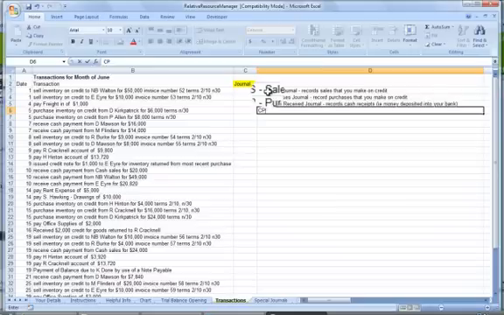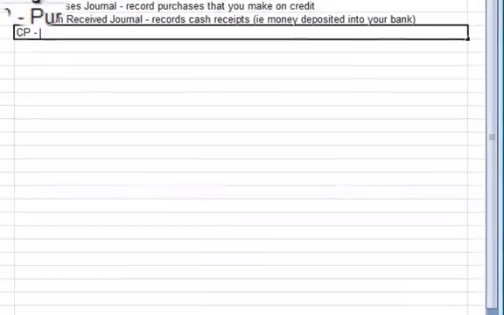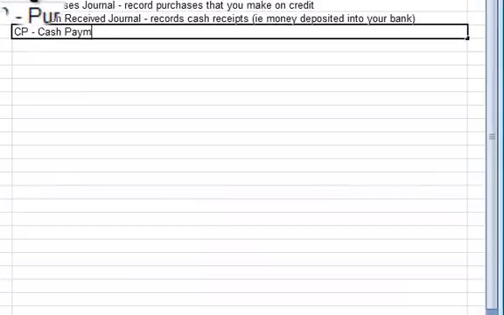And we have cash payments, CP, cash payments journal, and that records cash paid. And that really is from your bank account.